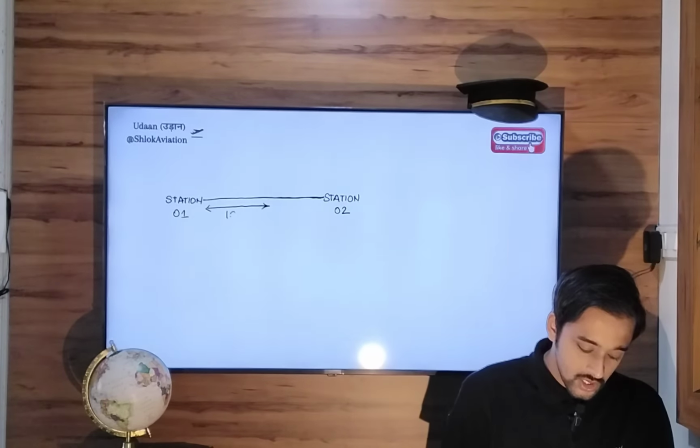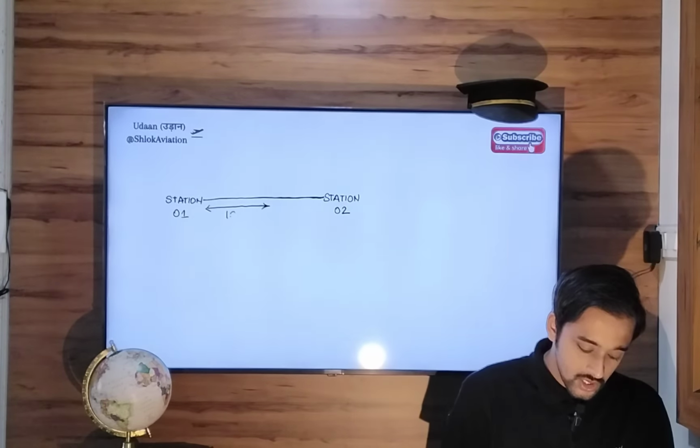The remaining distance to go is another 160. Now from here we have found that a QDR, which is magnetic bearing from the station, nothing but the track from the station, is 078 degrees, right?